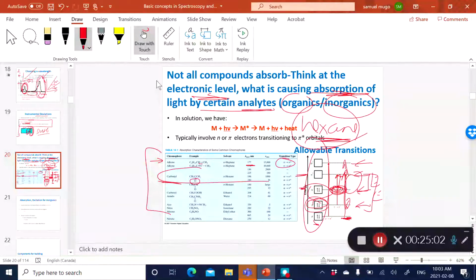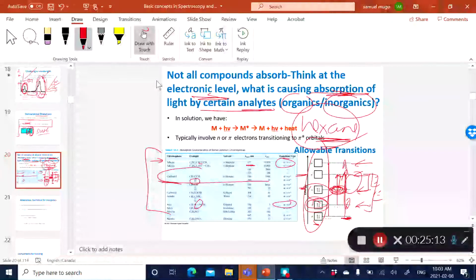Take a look at something like the azo compounds. Again, nitrogen has a lone pair of electrons, meaning that transition from non-bonding to the pi star is possible, and it's very easy to cause light to be absorbed.